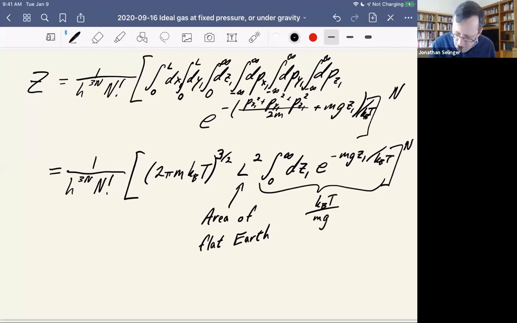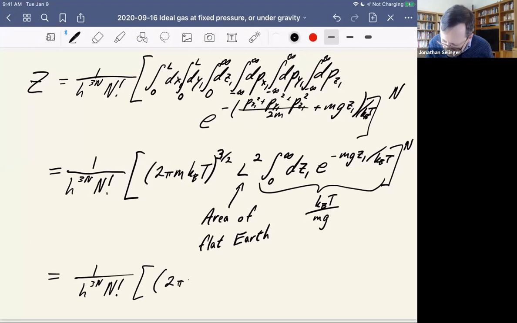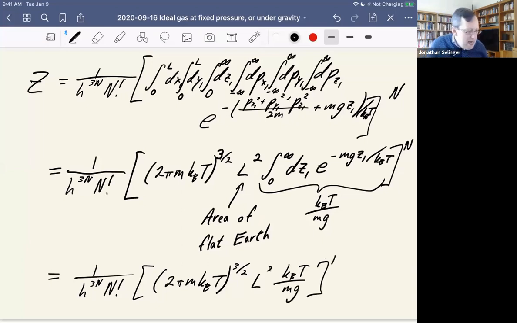Okay. So this gives us the partition function for a system under gravity, with (mkT) to the 3/2, L squared, and then kT over mg to the n power.